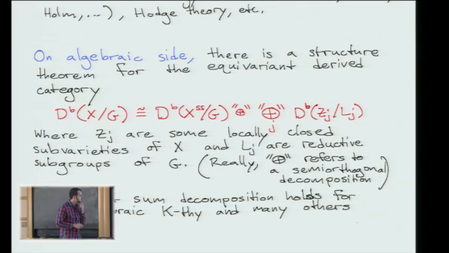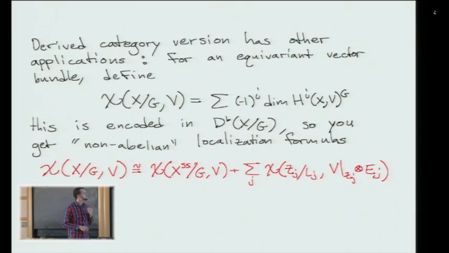So the derived category version has other features that are nice. It gives you more than just a direct sum decomposition of the various topological invariants you might try to extract from the derived category.